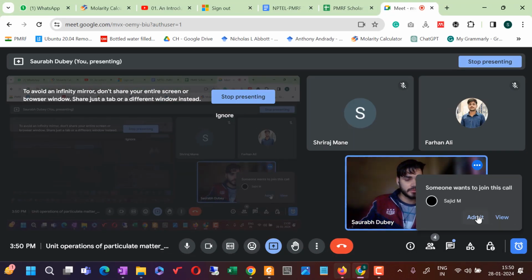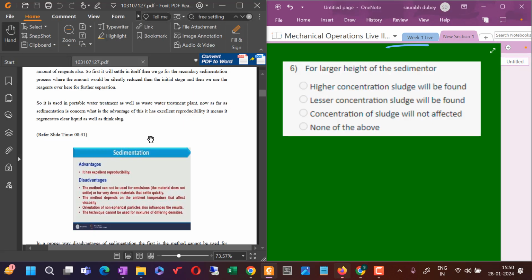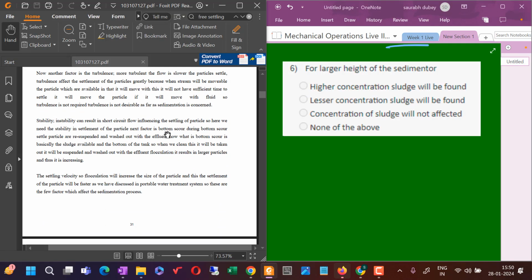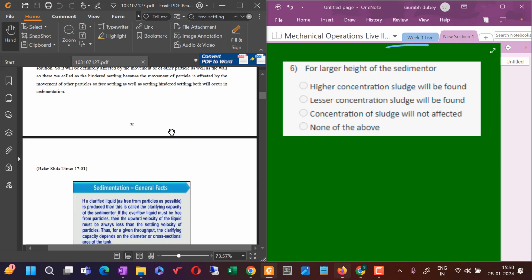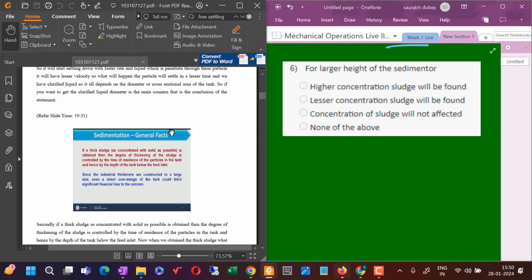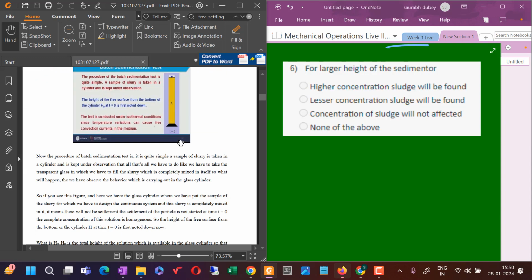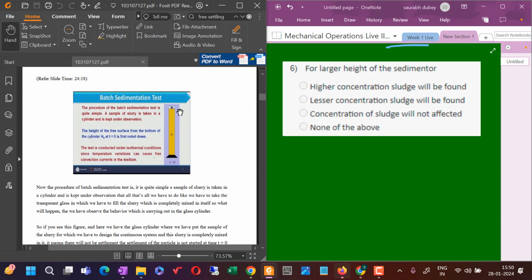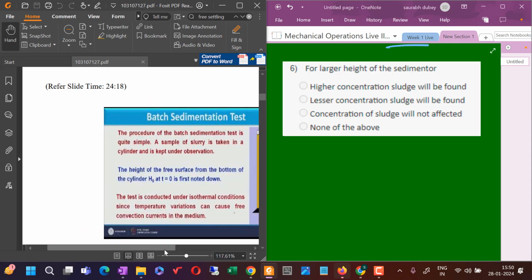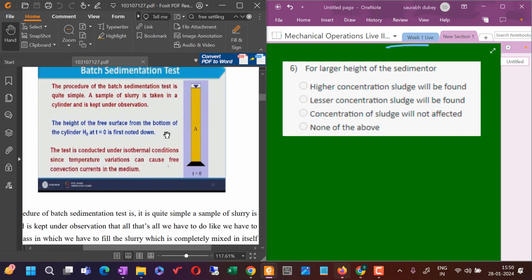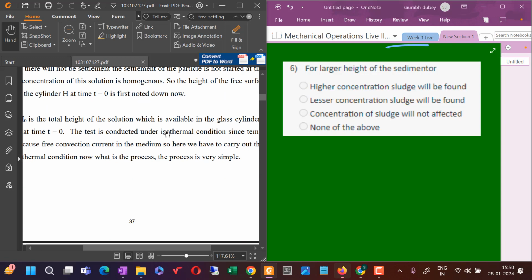In the batch sedimentation, you came to know that the height of the column and the diameter of the sedimenter have also been calculated, and the overall fluid property and the particle size all play their role.